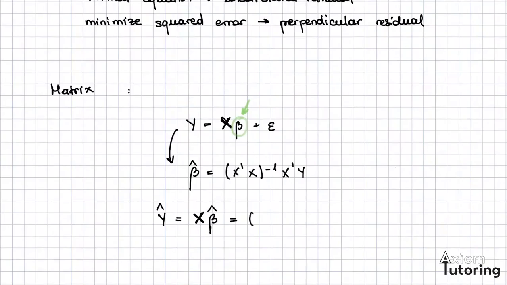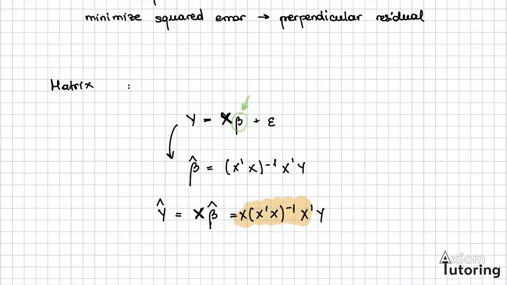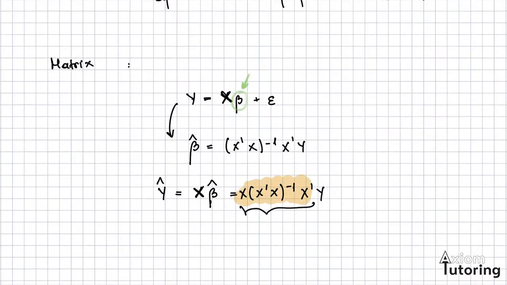So y hat equals X (X'X)^-1 X'y. This entire block of information that you see right here is what we call the projection matrix. Most of the time in most books, you'll see it noted as P.